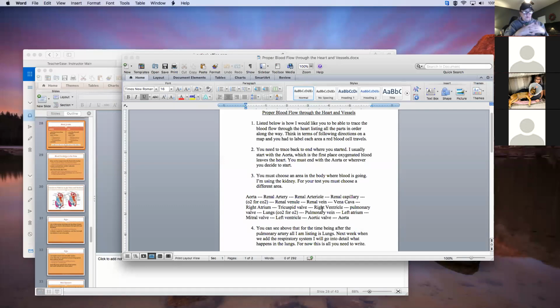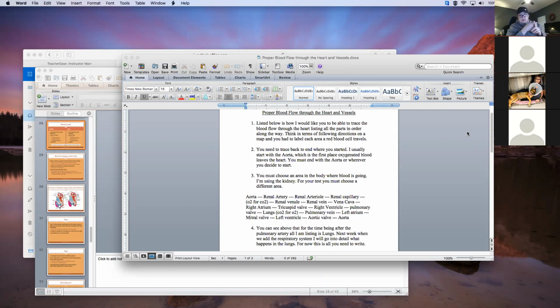And if it helps you, yes, actually it should say after pulmonary valve, pulmonary artery. So Sean put a note in the chat. So I just put a note in the chat.